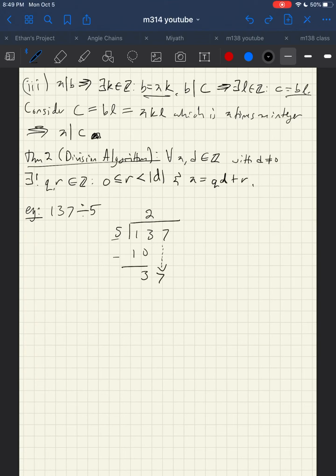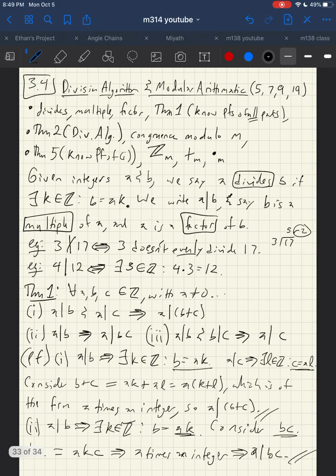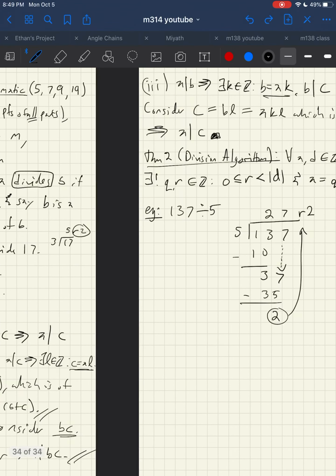How many times does 5 go into 37? Well, 5 goes into 37 7 times, and 5 times 7 is 35, and I subtract. 37 minus 35 is 2. I could do decimals and keep going, but instead I'm going to stick to integers here, and I'm going to say that this 2 goes up as remainder 2, like I did in this example earlier.